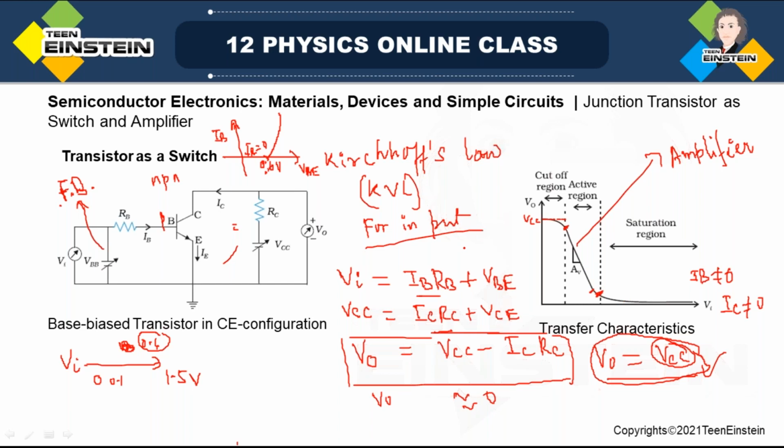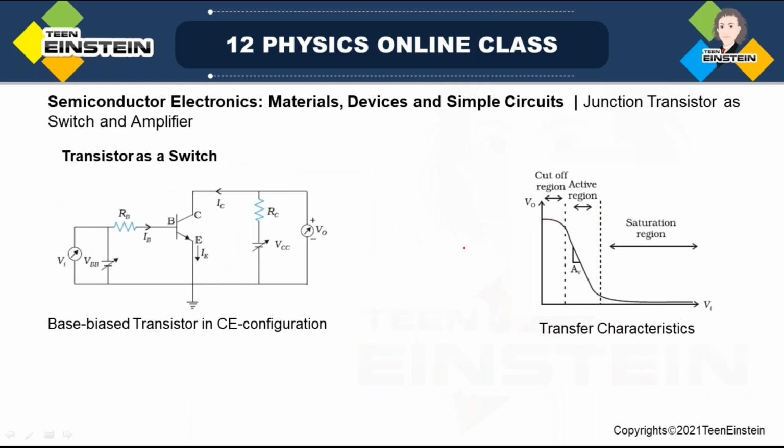So what we can do is, see, we have cutoff region maximum voltage VCC, right? And in the saturation region we have output voltage as low as zero.